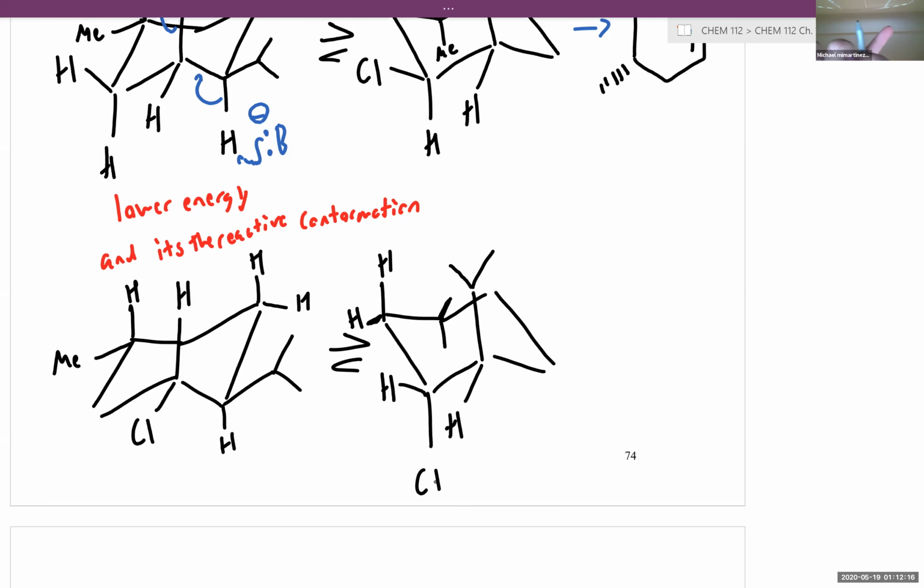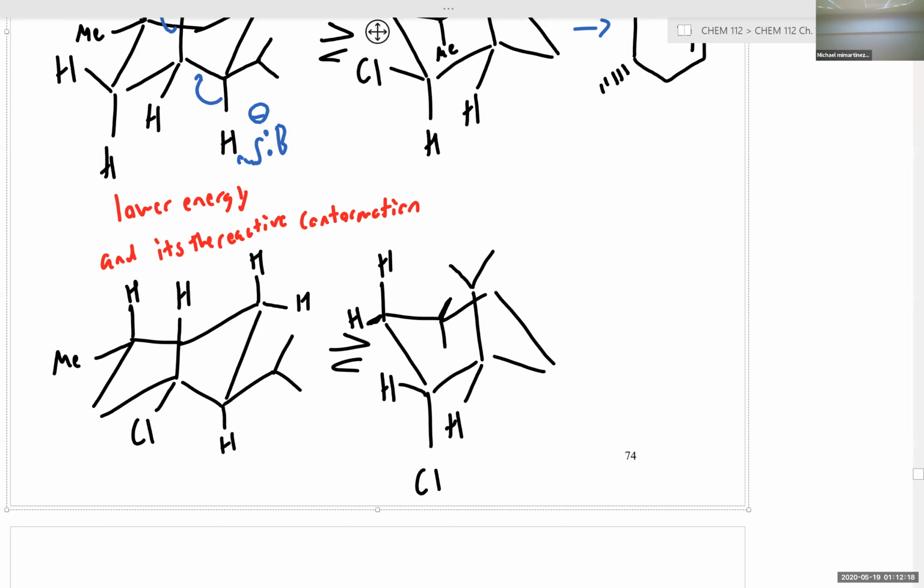Okay, so unfortunately for us, which conformation is the reactive conformation? The conformation on the left or the right? The one on the right. Exactly, correct.